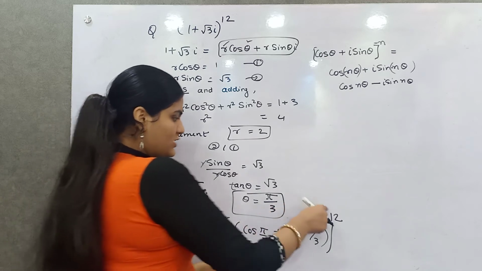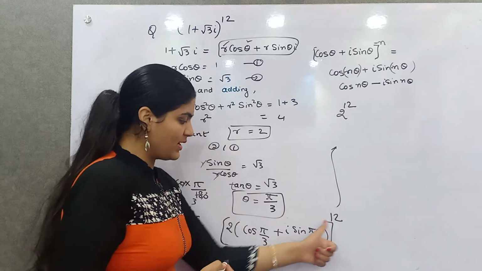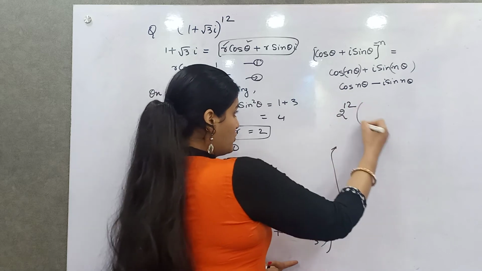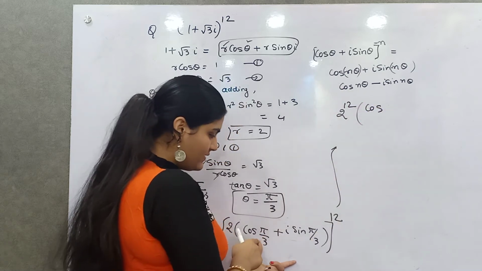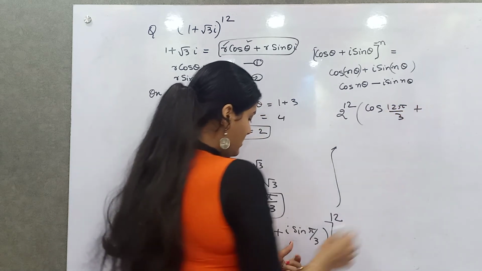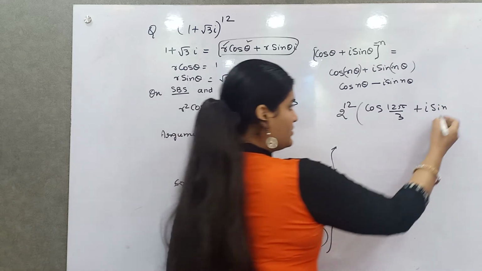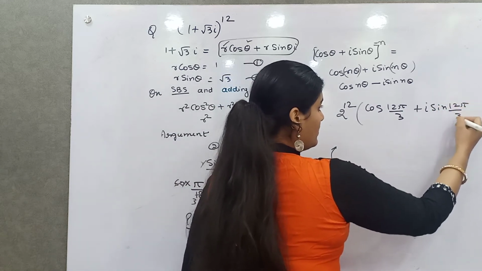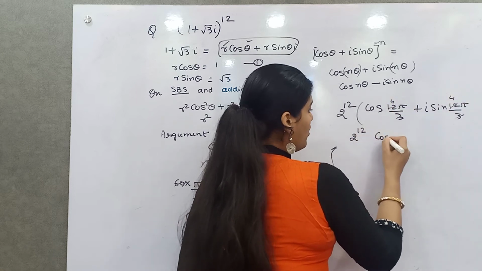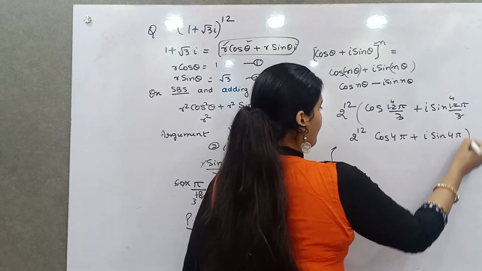So if we solve it by de Moivre's theorem, this will be 2 raised to power 12, and the rest is cos of 12 into pi by 3 plus iota sin of 12 into pi by 3. 3 times 4, so you will get cos 4 pi plus iota sin 4 pi.